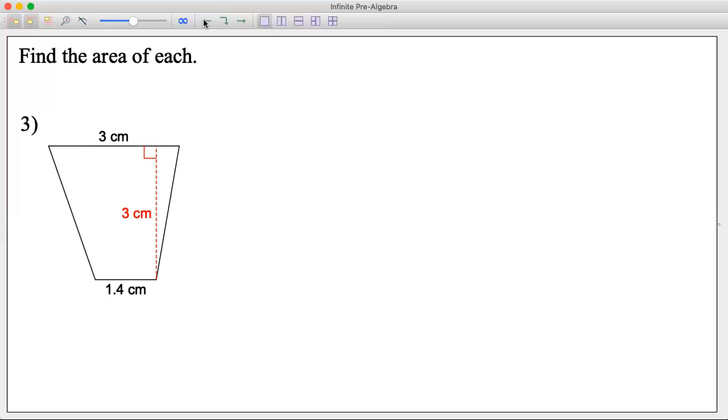Now, step one, write the formula. No numbers. You simply write the formula. Step one. Write A equals. What's the base? What's the height?